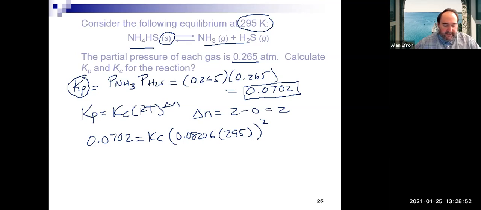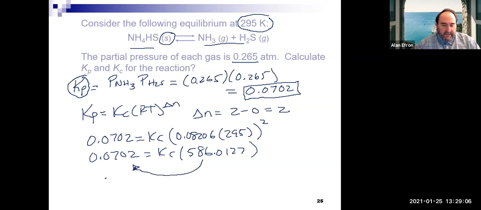That's going to give us, call it 586 and some change. So 0.0702 equals Kc times 586.0127. We're going to divide this to the other side, giving us a Kc value of 1.20 times 10 to the negative 4.